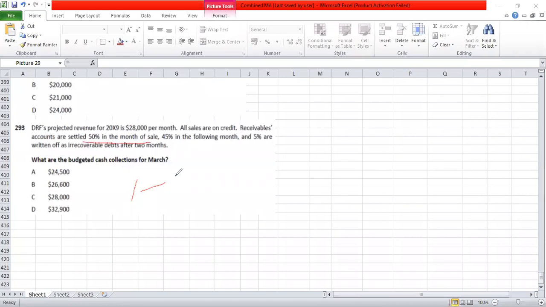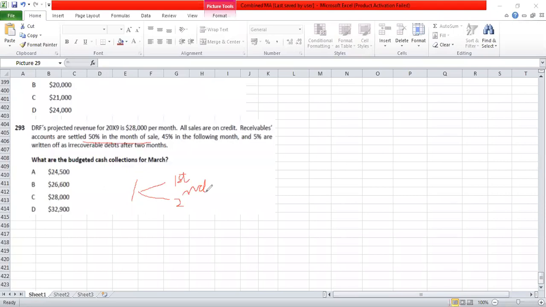So a part of it will be collected during the first month only. Another part of it, which is 45%, is in the second month, the following month. So that's what is given. 5% anyway is bad debt, so it will not be collected.